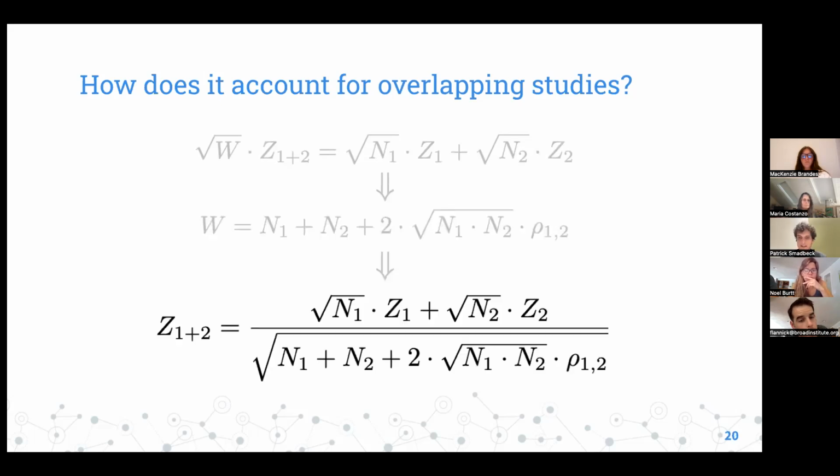Once you look at the final thing, it becomes clear that it is just scaling down by increasing the denominator of this fraction. The more overlap you have, the lower Z12 will end up being, which makes sense because you were getting too much power from assuming that the two studies had no overlap.